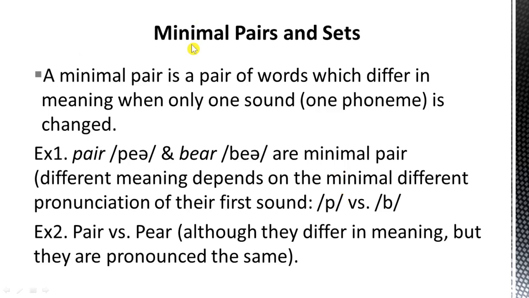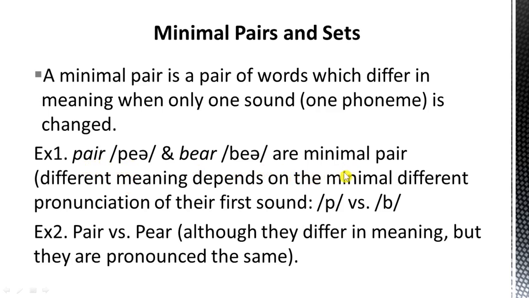Next, we discuss minimal pairs and sets. A minimal pair is a pair of words which differ in meaning when only one sound or one morpheme is changed. You can see, like pear and bear.